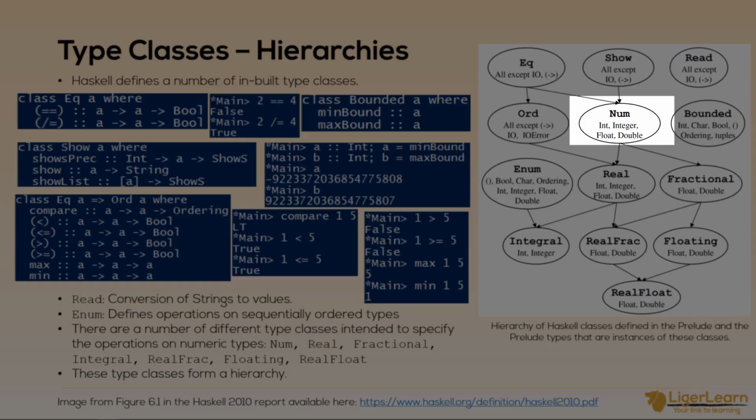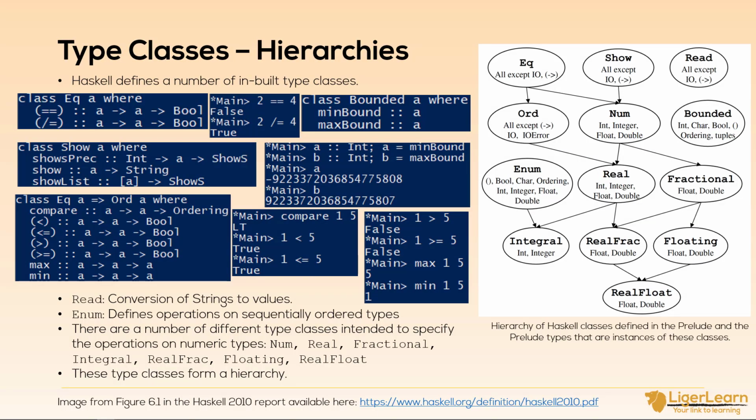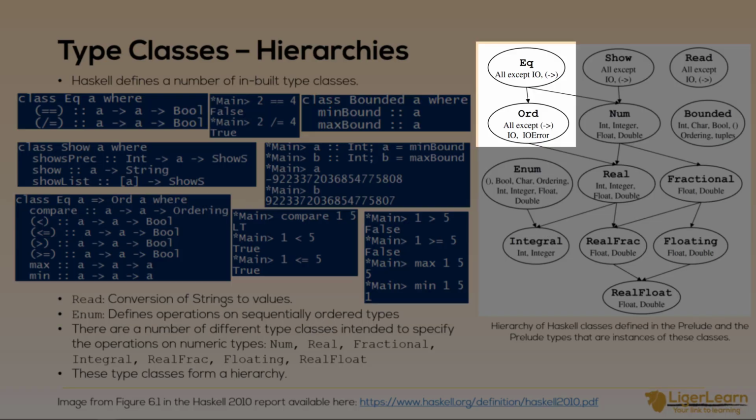For the Num type class, the Int, Integer, Float and Double types define an instance. We can also see the hierarchy quite clearly by following the arrows. So, for example, the Ord type class has the constraint that the type must also have an instance of the Eq type class.